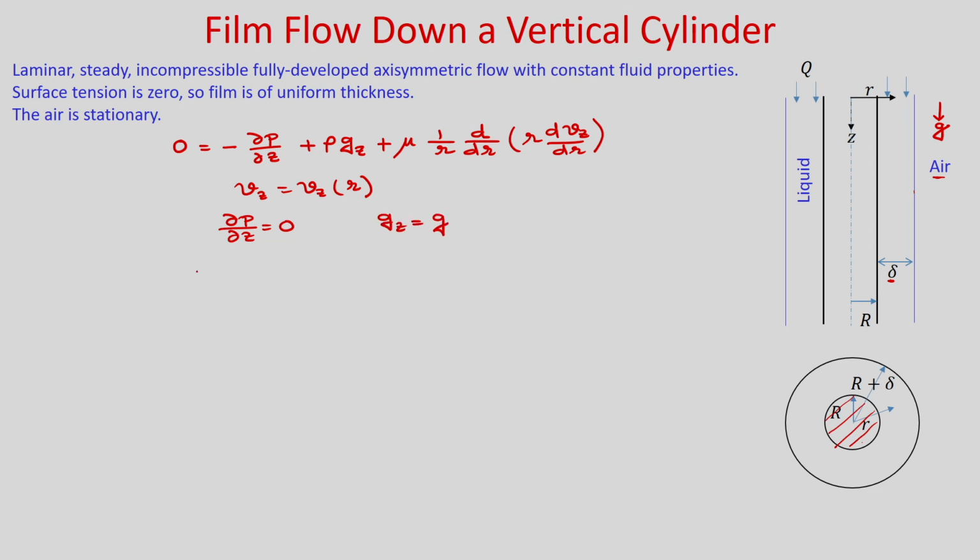So, if you rearrange it you will get d/dr of r dvz/dr is equal to minus r by mu rho g.